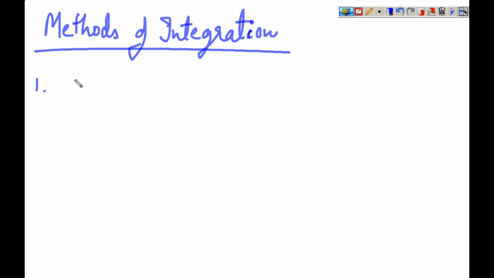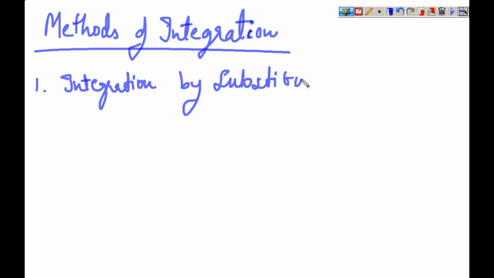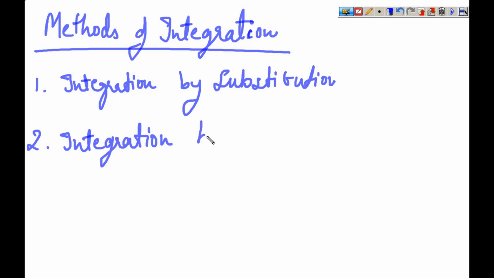So there are three major types of methods of integration. The first one is integration by substitution. So I'll just write it down. Integration by substitution. And the second one is integration by partial fractions.